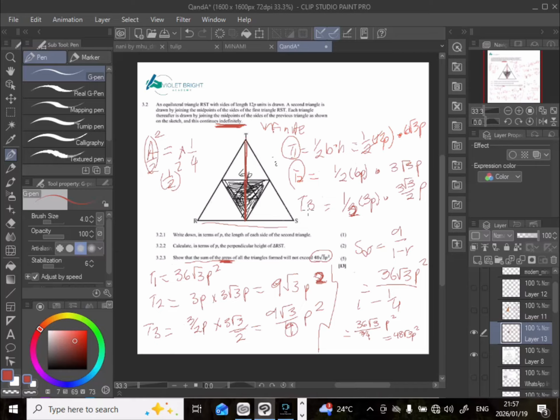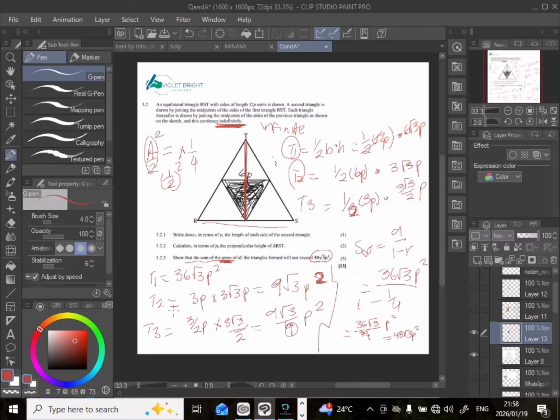So we know that the base of the smaller one is equal to half of the base of the bigger triangle. The same applies to the perpendicular height. Then from there, we have to find the area of the first, second, and third triangle, and then we have to find the ratio.